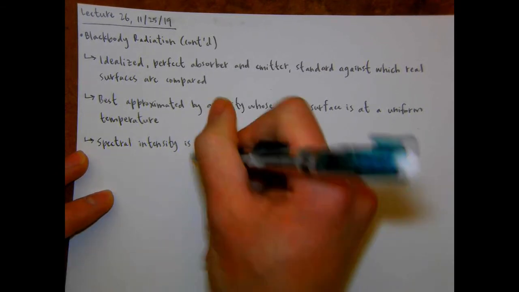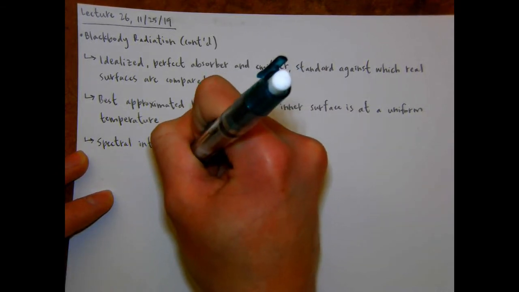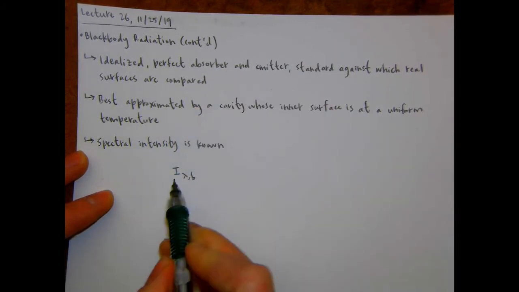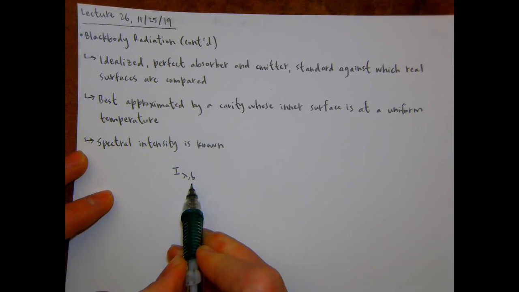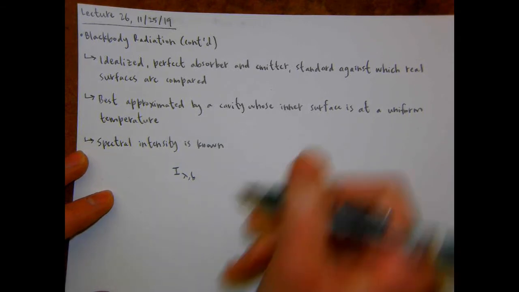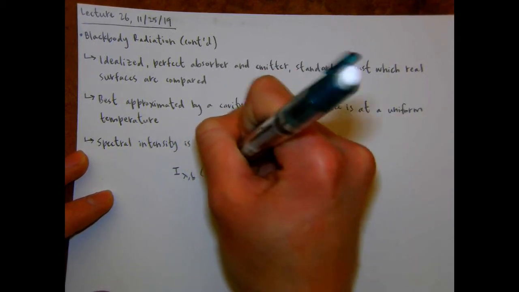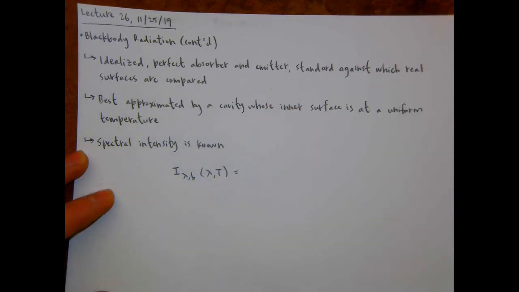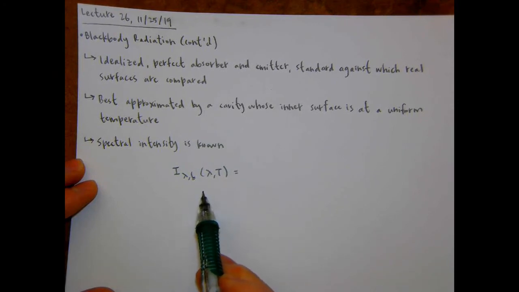So the spectral intensity of a black body is known. Here this is lambda sub b to show that this is black body spectral intensity. We typically write the spectral intensity in terms of the wavelength and direction, but because black body emission is diffuse, we're just writing it in terms of the wavelength and temperature here.